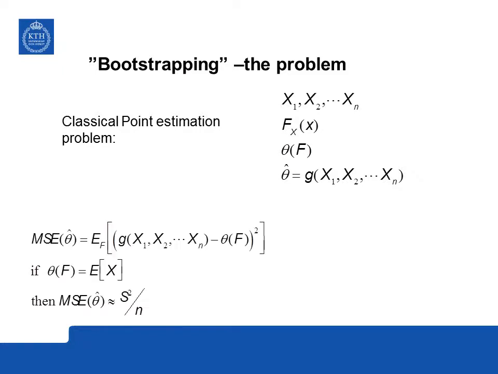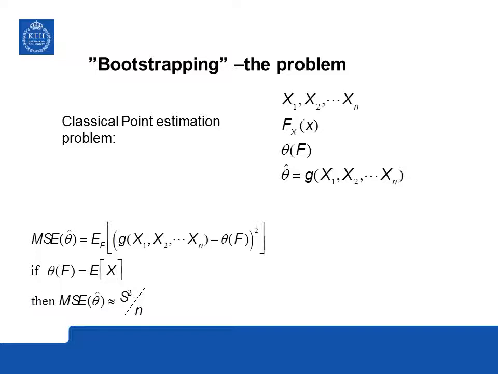The mean square error is then simply computed as the expectation of the point estimate minus the real value, squared, and that is not a big problem if the estimator we're looking for is an average type estimator or expectation estimator.